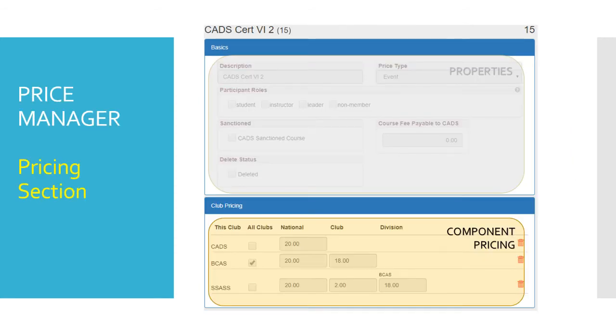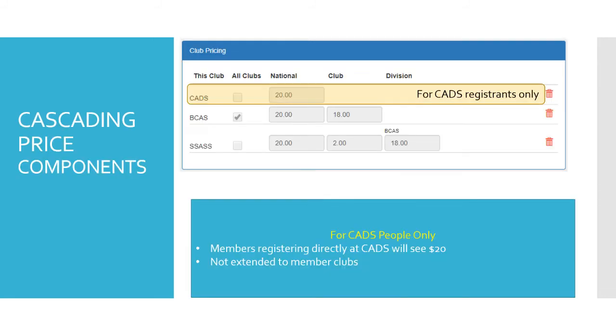The second component of a price record is the actual pricing themselves, and it's a cascading price, and it works downwards.